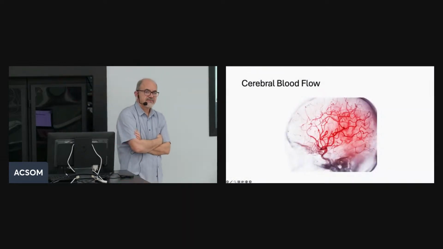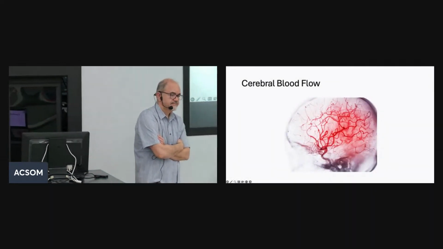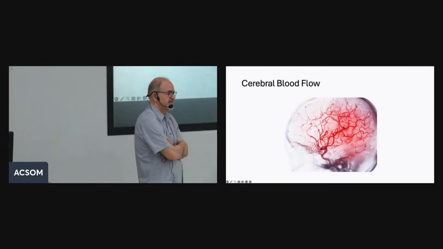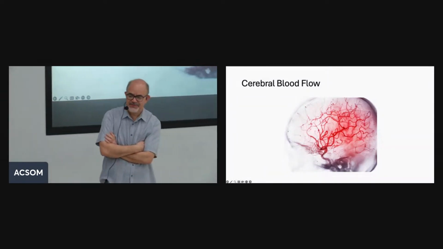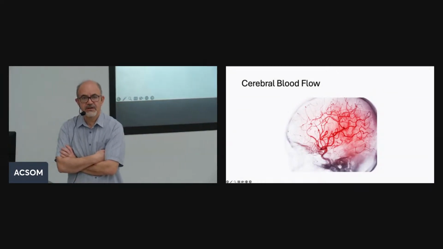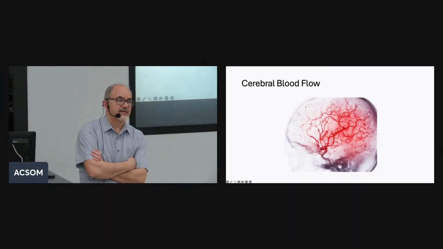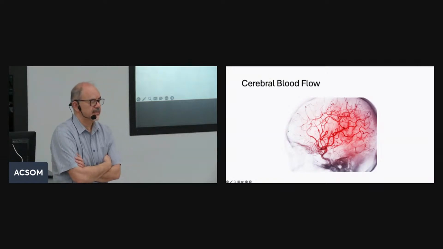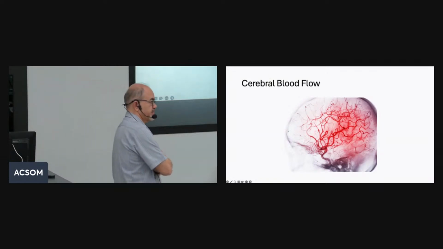Cerebral blood flow is very unique, and I think the word that I used yesterday, finicky, which means very sensitive. The cerebral blood flow has a unique quality, which is autoregulation. It can control the blood flow to the brain based on how high or how low the blood pressure is.